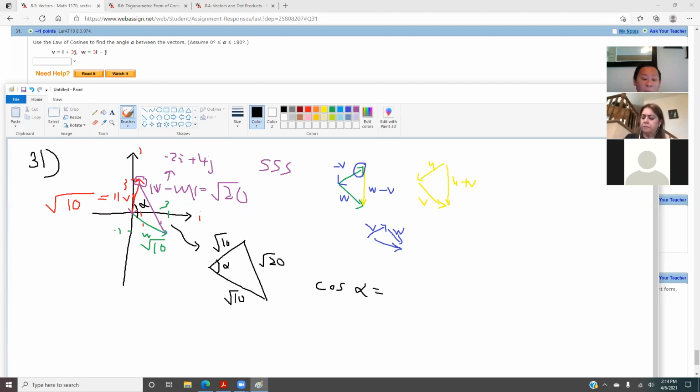Cosine alpha is a squared plus b squared minus c squared over 2ab, so square root of 10 squared plus square root of 10 squared minus square root of 20 squared, over 2ab.